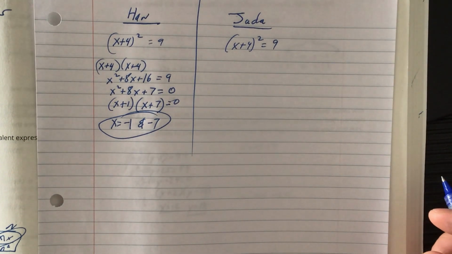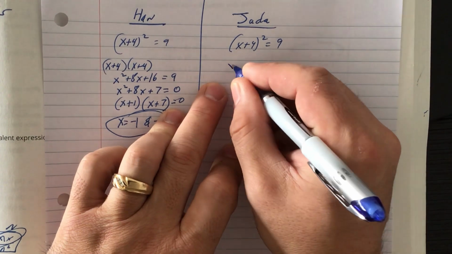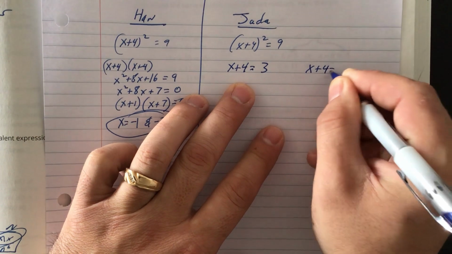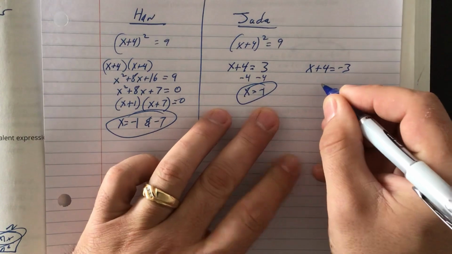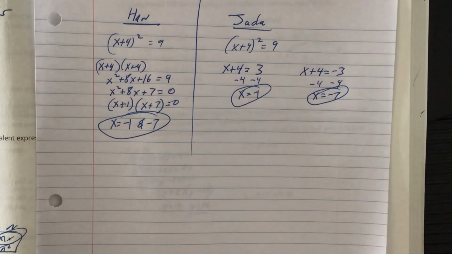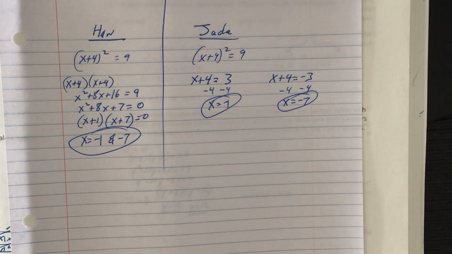Okay, if you want to check, Hans' way is done up there. Wrote it twice, FOILed it. Subtract the 9 to make it equal to 0. Factor. Oh, okay, subtract 4.